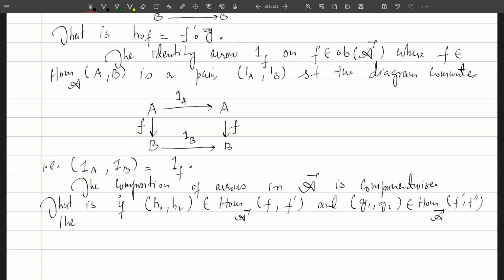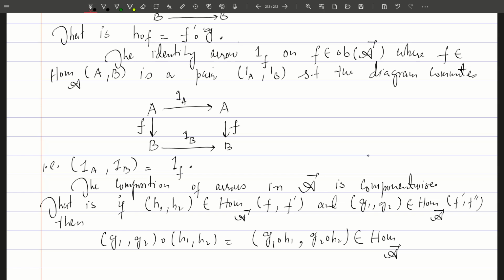Then the composite map (g1, g2) composite with (h1, h2) is given by the pair g1 composite with h1 and g2 composite with h2. This map is the arrow which carries the object f to f double prime.